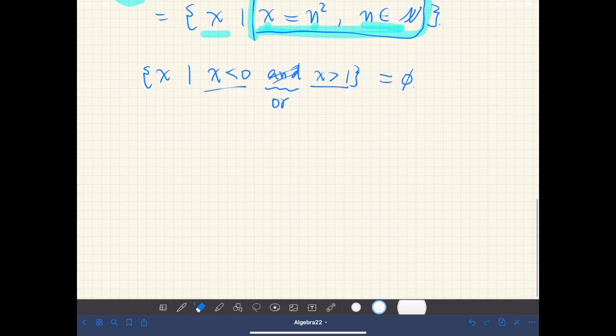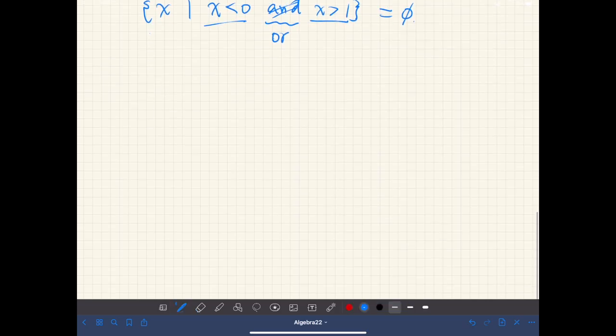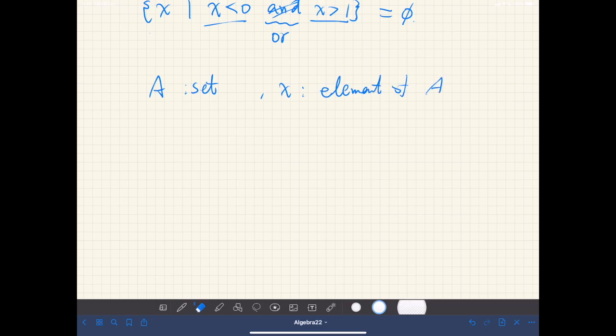Next, if A is a set and x is an element of A, which means x is one of the members of this set A, in this case we write x is an element of A, like this.